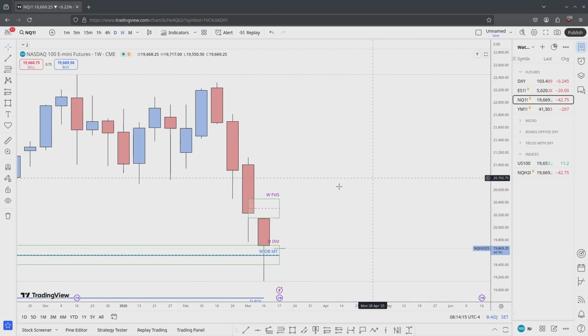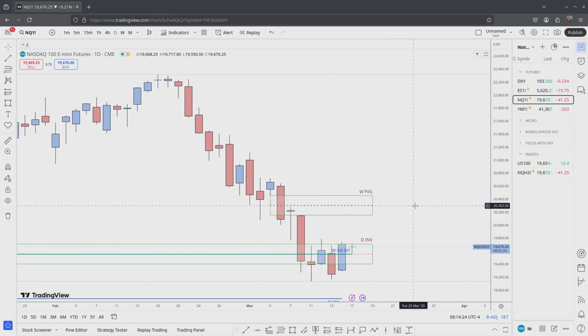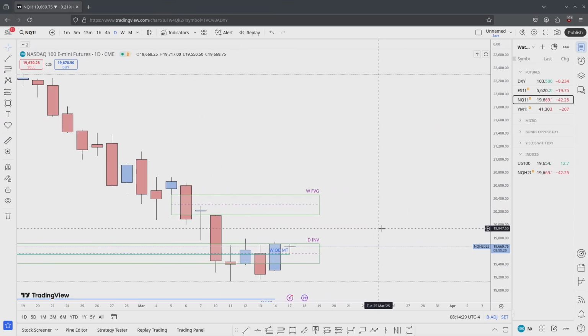Before we go down, weekly fair value gap sitting here. I'm including this gap up here in my fair value gap. We traded basically above this inversion.